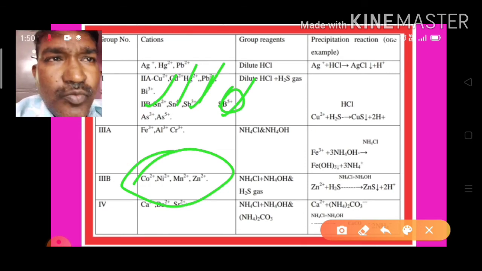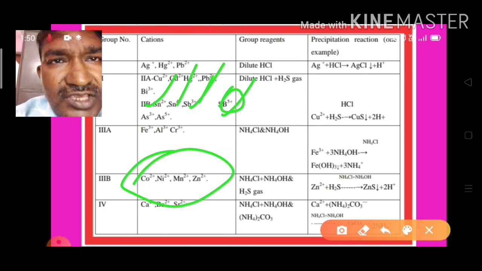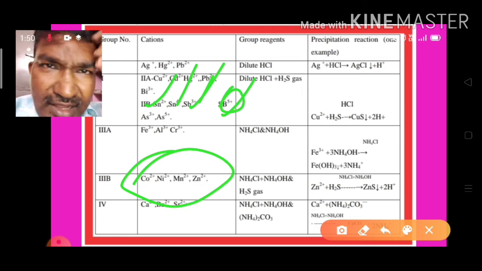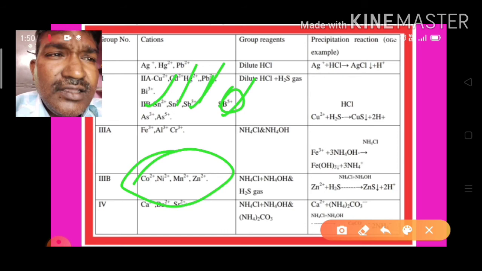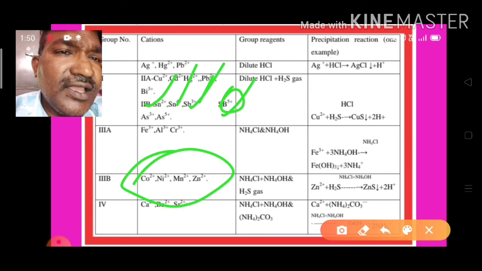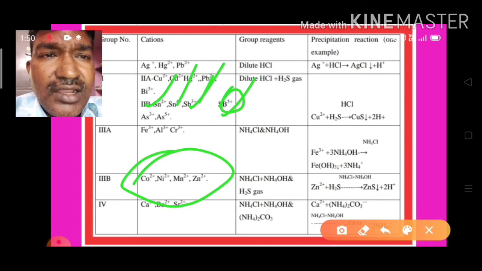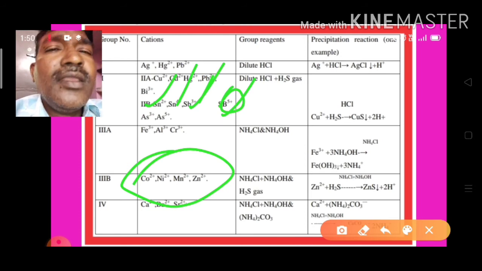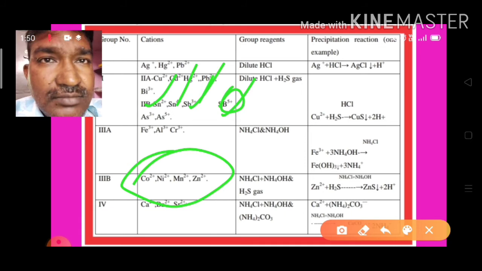In the second group as well as in the fourth group we are using H2S gas. Here the fourth group cations are also precipitated as their sulfides. Cobalt and nickel sulfides are black, zinc sulfide is white, and manganese sulfide is flesh colored.